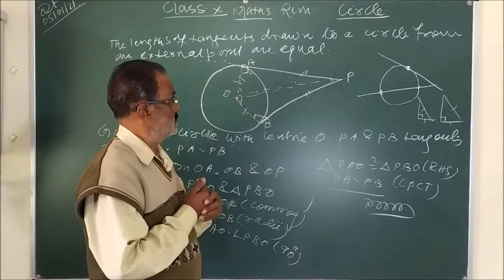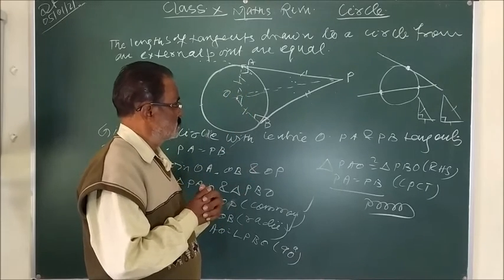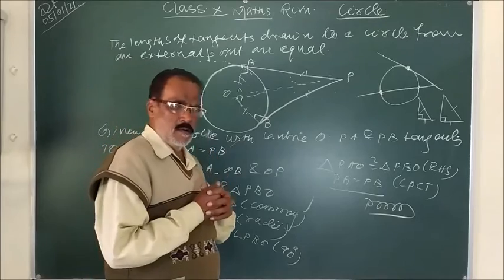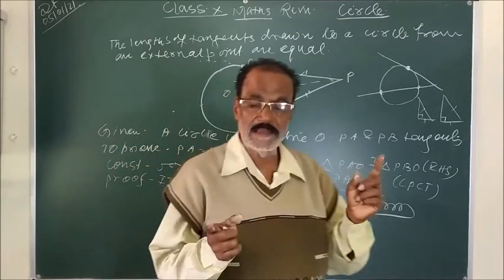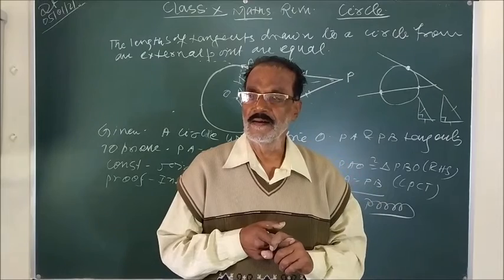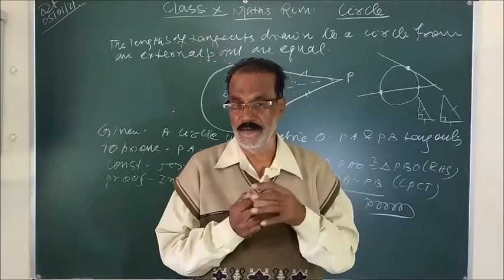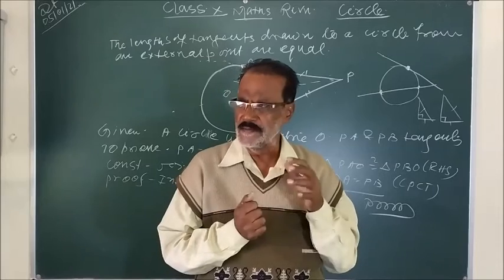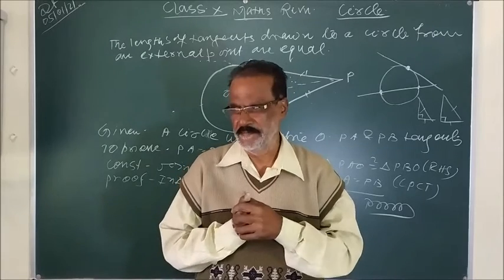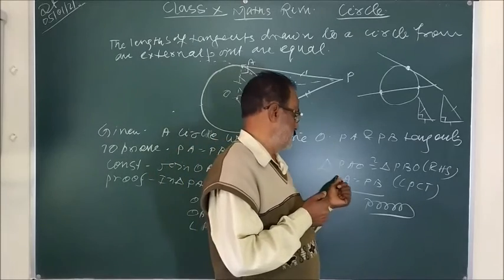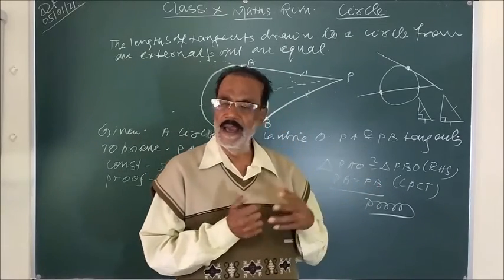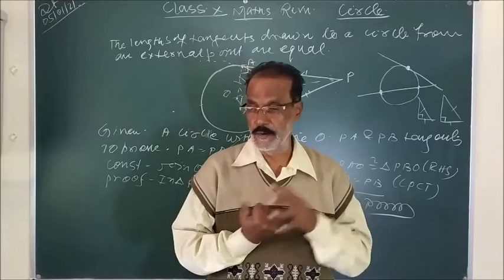Therefore they are congruent by the RHS theorem. And you know, when the triangles are congruent, corresponding parts of congruent triangles are equal. In short, it is known as CPCT. So by CPCT, PA is equal to PB, and that was to be proved.